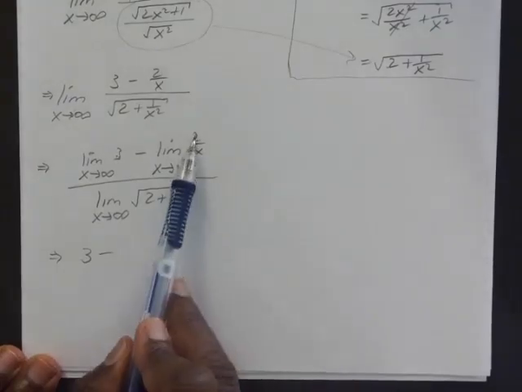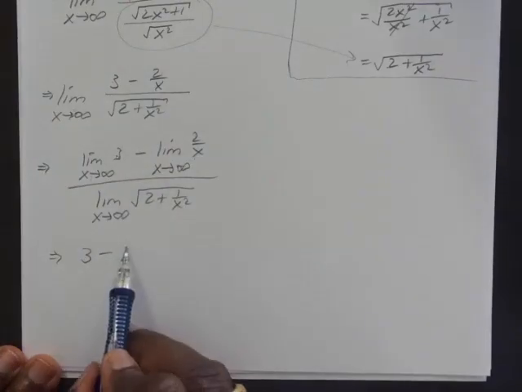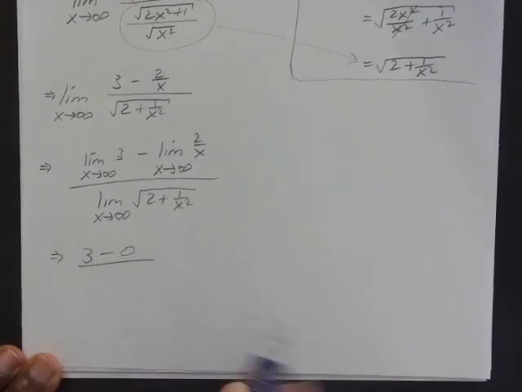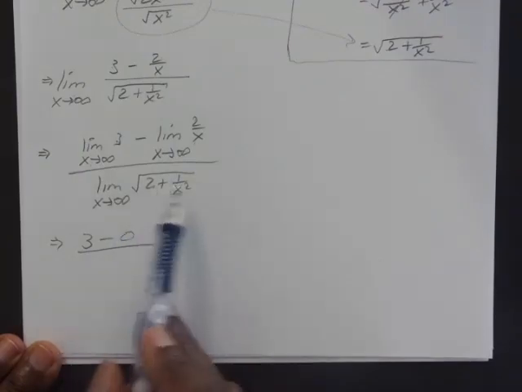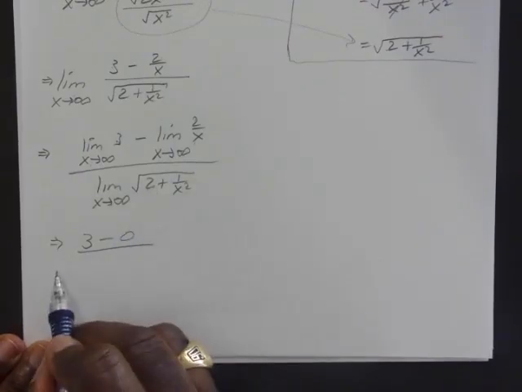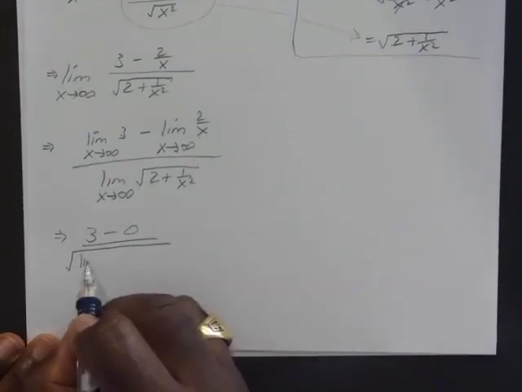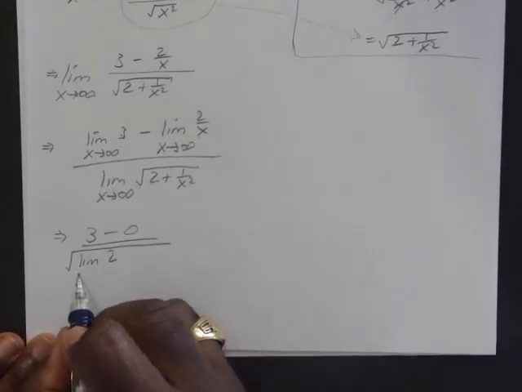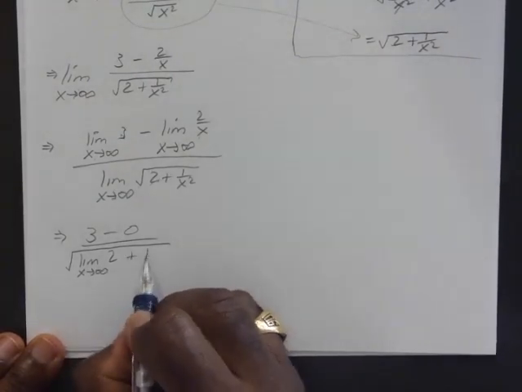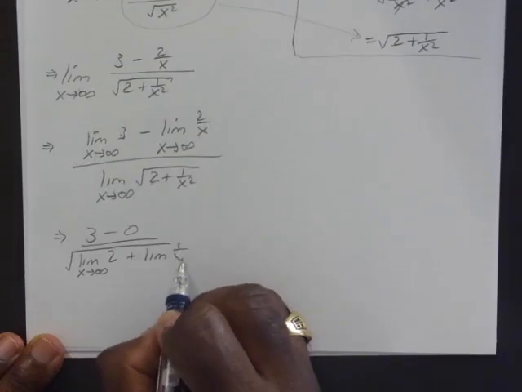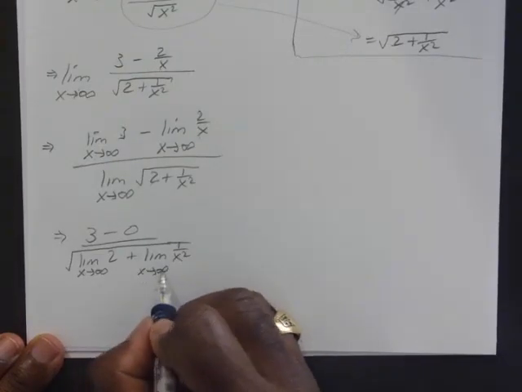Minus the limit of a constant divided by a number getting bigger and bigger and bigger. It's just going to be 0. Divided by, if you have the limit of a square root, you don't have to do this, but you can rewrite it as the limit of 2 as x approaches infinity, plus the limit of 1 over x squared as x approaches infinity.